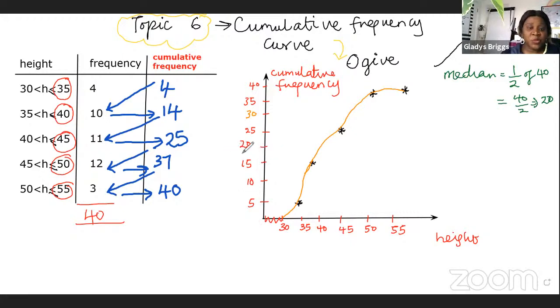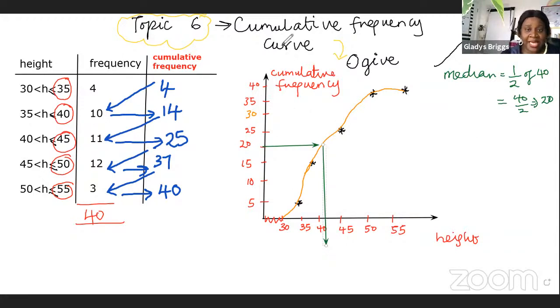It's not going to be 20. You're going to follow that 20 up to the graph, okay? You're going to follow that 20 this way. And then you're going to come down from there to your graph and read it off here. What is that point there? Because you're talking about the data, not the cumulative frequency. So don't tell me that your median is 20, read it off from your graph.